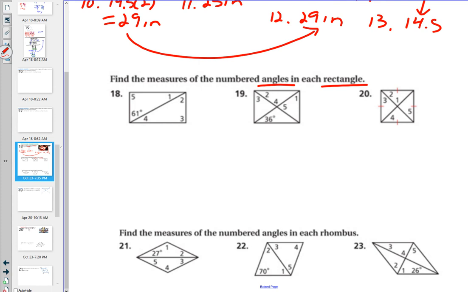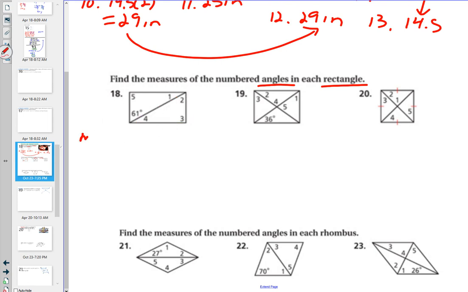Now, when you get a quadrilateral and you draw a diagonal, what new polygon is created? A triangle, yeah. And what do we know about the angles of a triangle? Yeah, they add up to 180. So you have to keep that in mind as well.